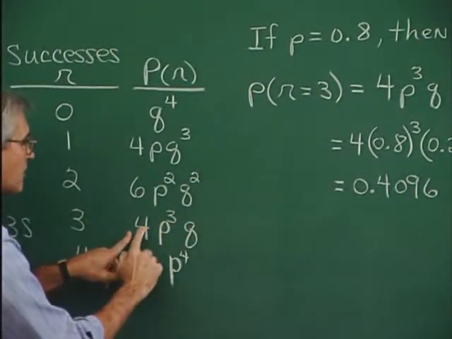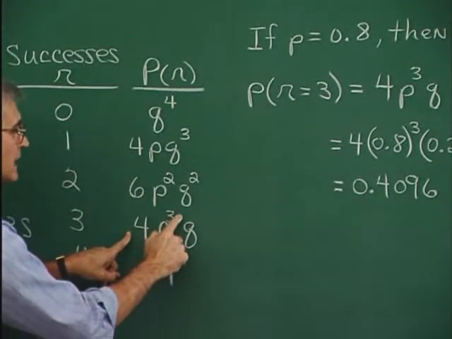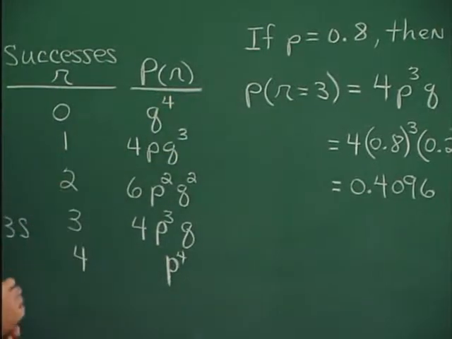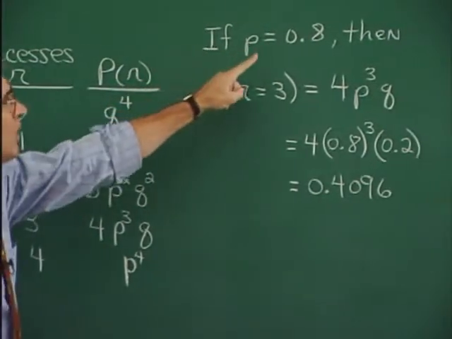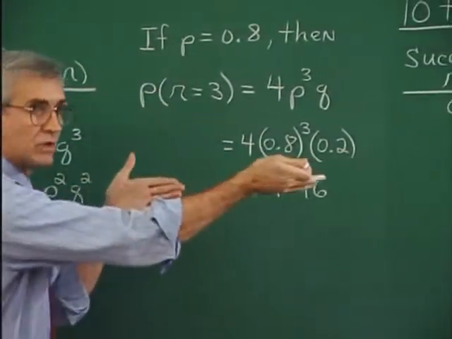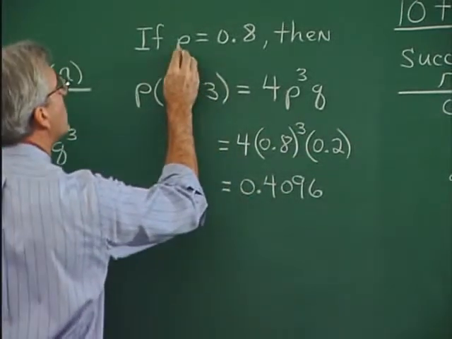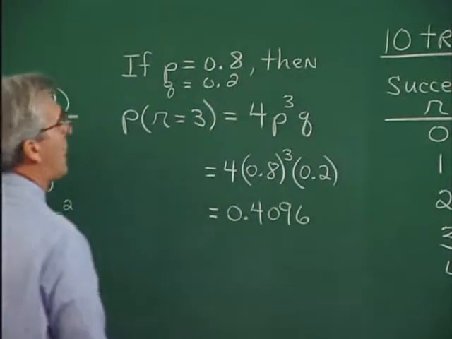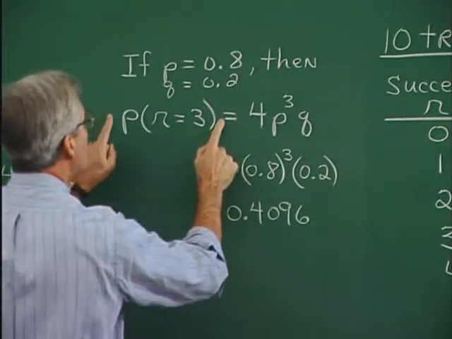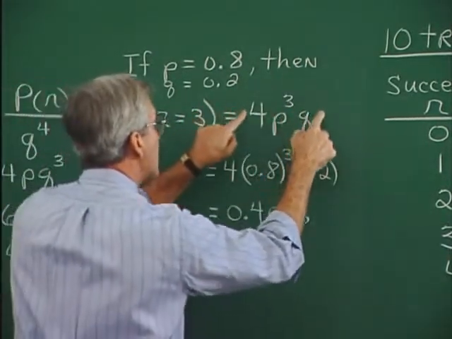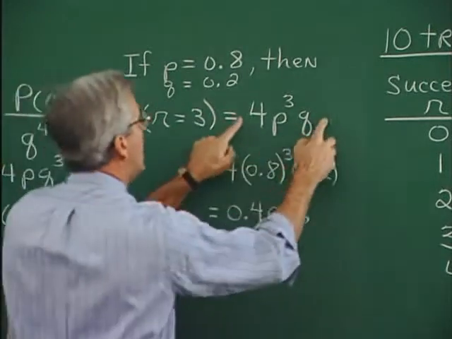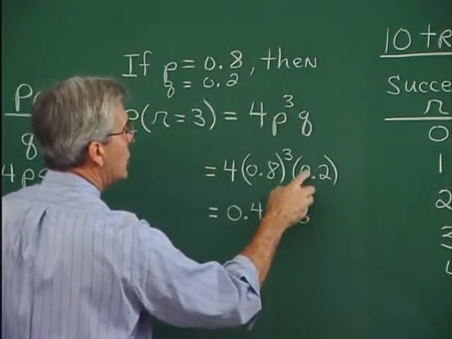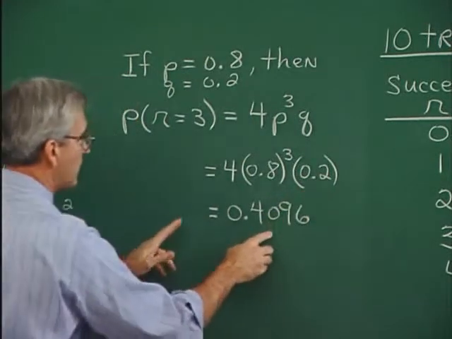We calculate by multiplying 4 times P cubed times Q. Now, what is Q in this circumstance? Well, if P is 0.8 and we know that P plus Q is 1, then Q must be 2/10. All right, now with that information, we know that the probability is figured this way from over here, and so it's 4 times P, which is 0.8, cubed, times 0.2, and this is the probability.